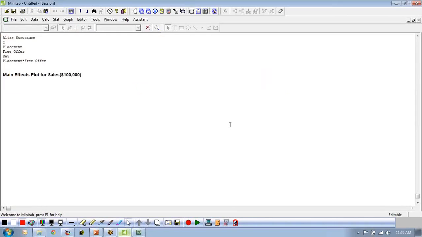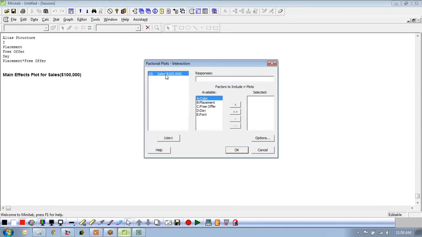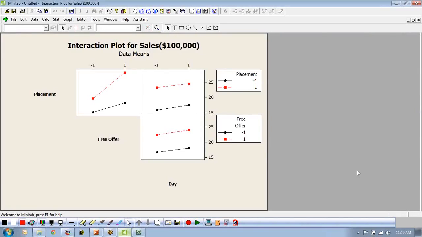But the interaction plot is actually kind of interesting. I'm going to look at sales again. In this case, we wanted to look at placement, free offer, and I'm going to look at day as well because it came out not significant. So you can see in this case where they're sort of parallel, like right here, this is placement and day.